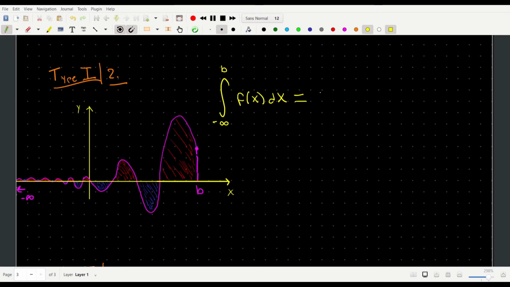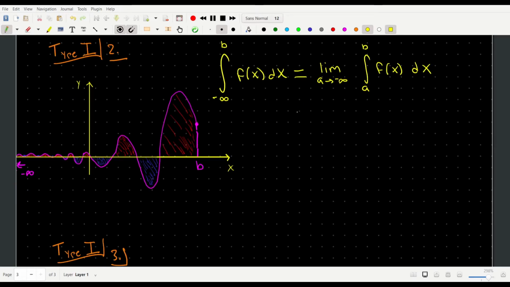And this is evaluated by taking the limit as a goes to negative infinity of the definite integral from a to b of the function f of x dx, which, like you might expect, is the same thing as the limit as a goes to negative infinity of F of b minus F of a.